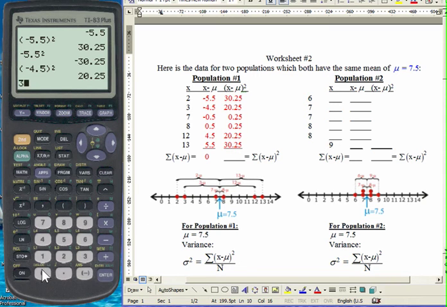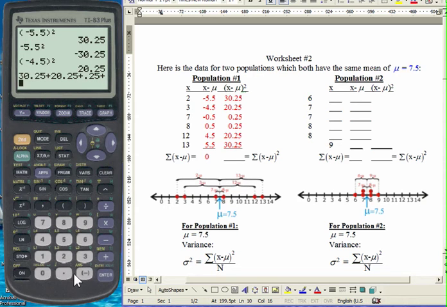And we do that on our calculator here. Just add them right up. And we come up with 101.5.